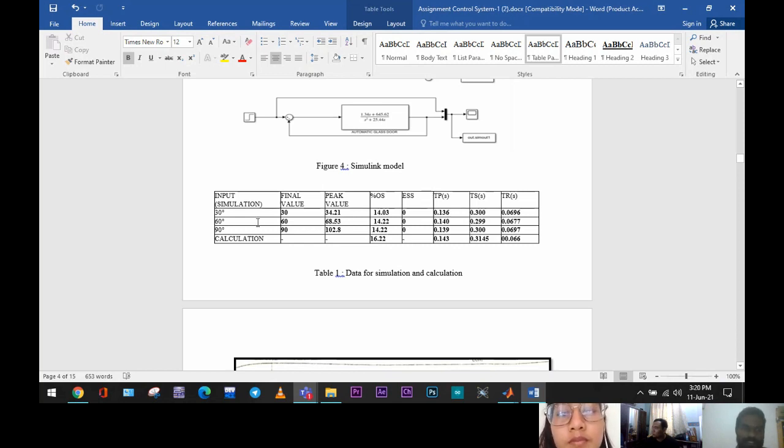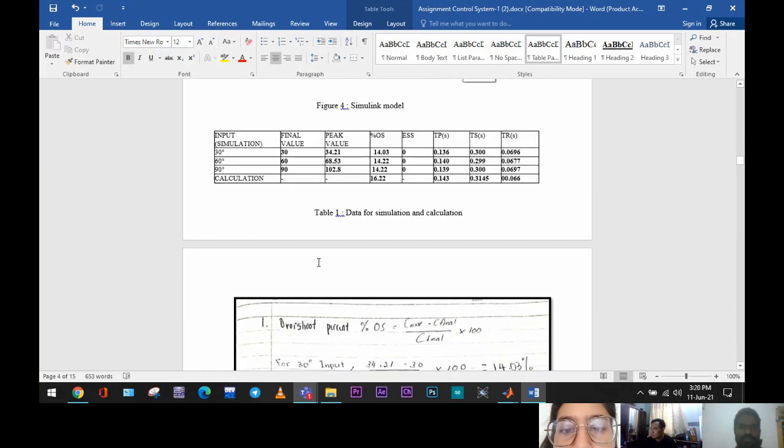For the 60, the input that we are giving is 60, and the final value is also 60. The peak value is higher, which is 68.53. As for 90 degrees, the final value will be 90 and the peak value will be higher, which is when the door is at its 90-degree open angle.